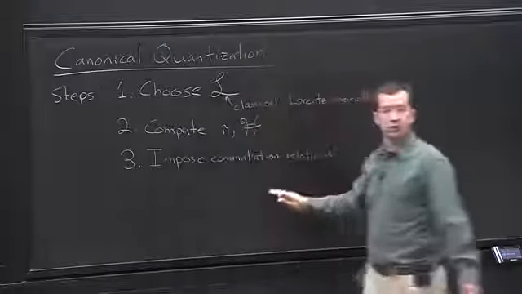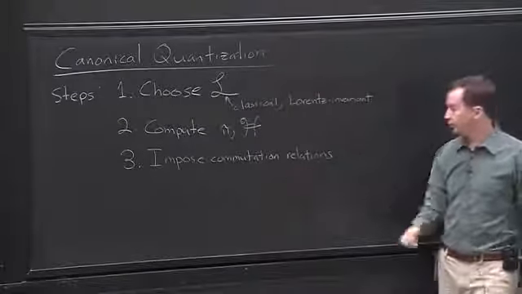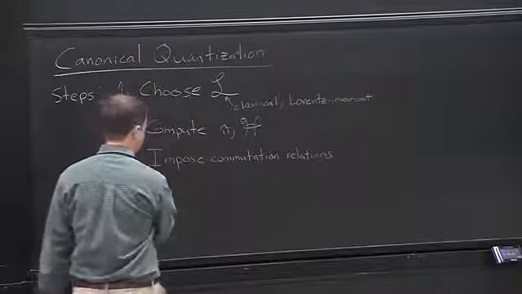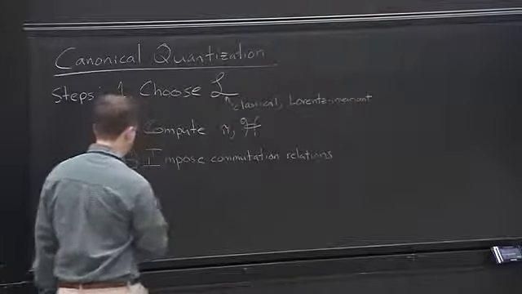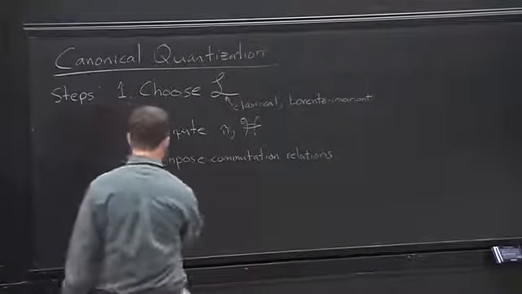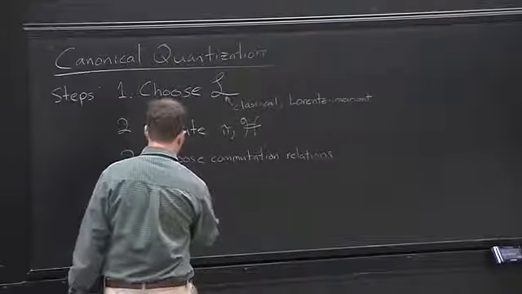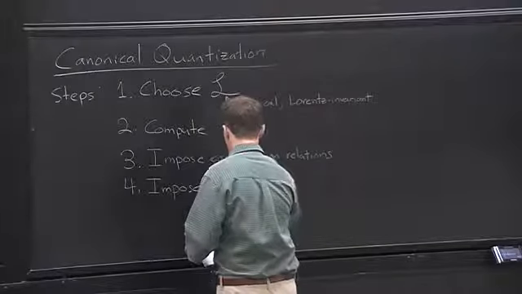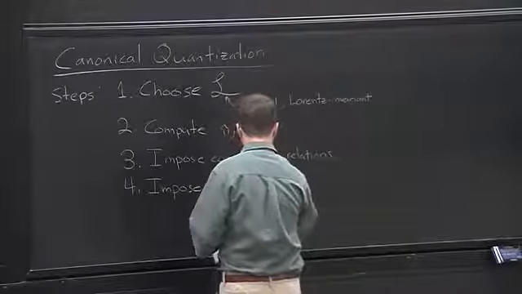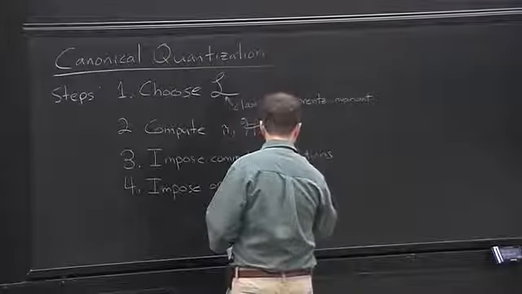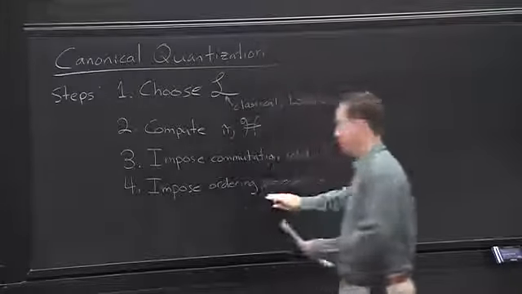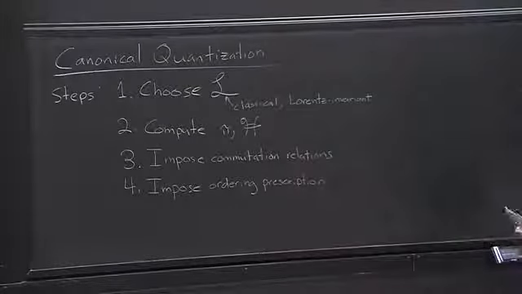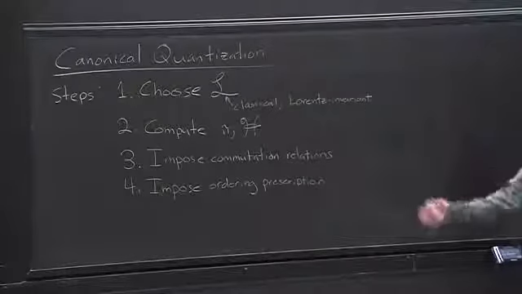I've hinted at what those are, and you've seen those in your homework as well. I'll say a little bit more about that in a minute. And the fourth step, which may not be obvious yet why we have to do it, is to impose an ordering prescription. I'll come back to this point, but if we don't do this, then the procedure is ambiguous.